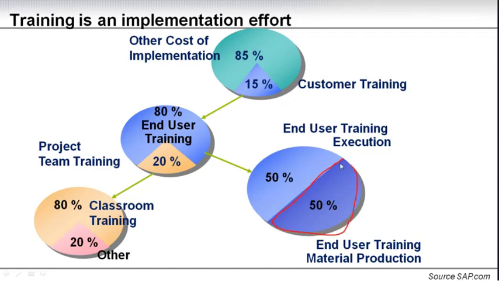That can save you some time, and then you want to make sure you deliver it to the end users in a way that they will retain it, and that is most effective as per your schedule. So this is how things come together, and how much training is out of the total effort cost. From this you can see it's a very small part of the complete project, not more than 50%.